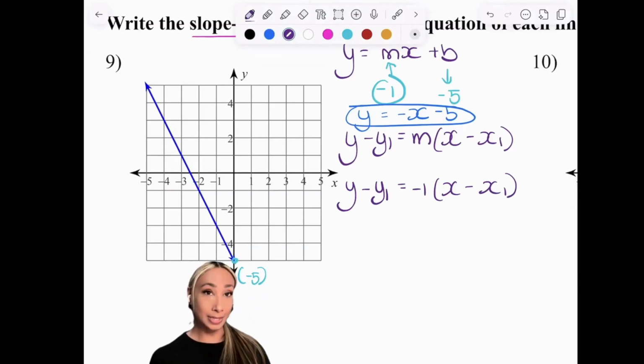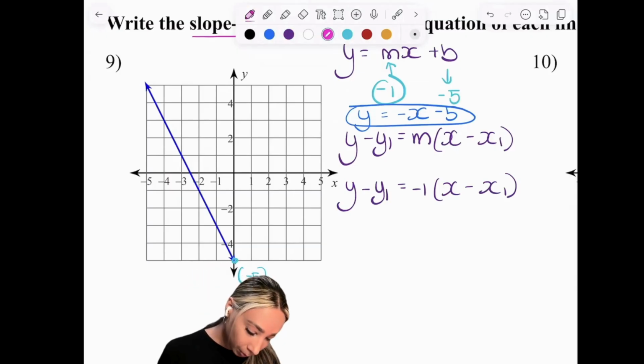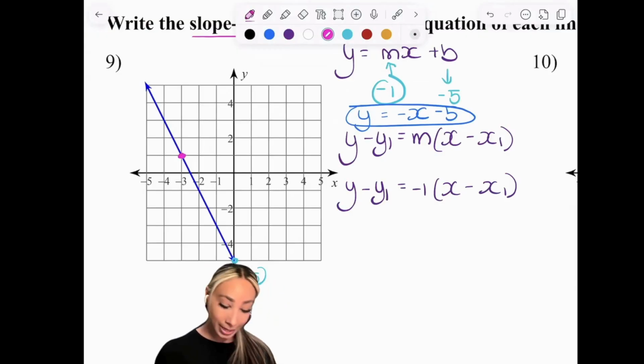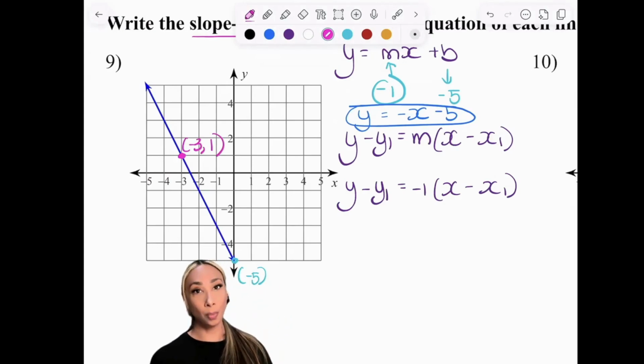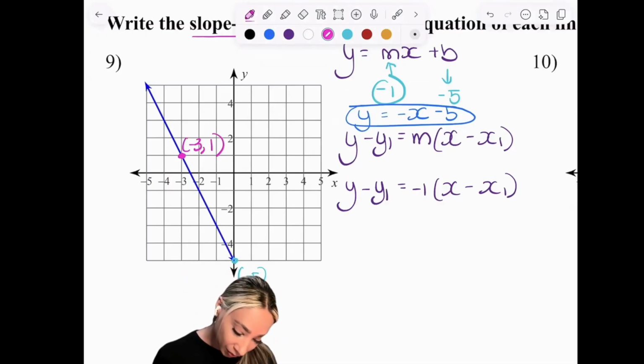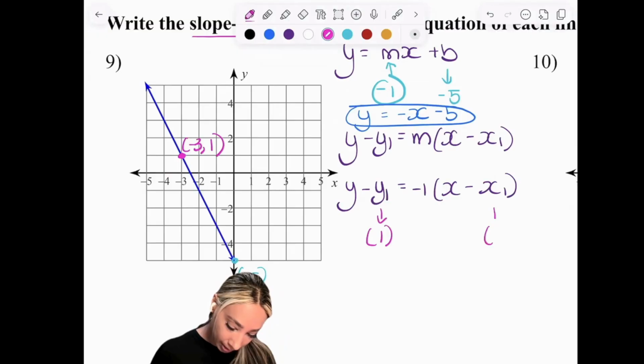I'm actually going to pick a different point here just to kind of drive everything home. So I'm going to pick this point here because it can be any point on the line. This point is -3, 1. And I'm purposely doing that because, again, I want to model how to type in or how to pop in those negative numbers. So for my point, my y1 is going to be just +1. We love when it's positive. And my x1 is going to be -3.